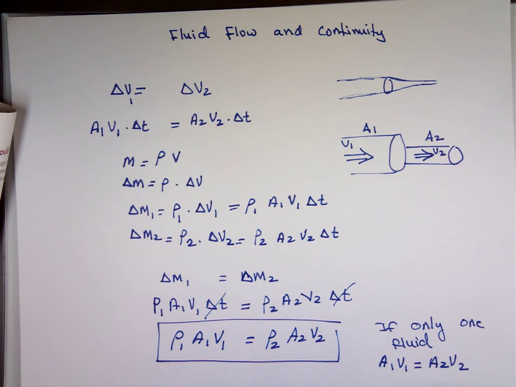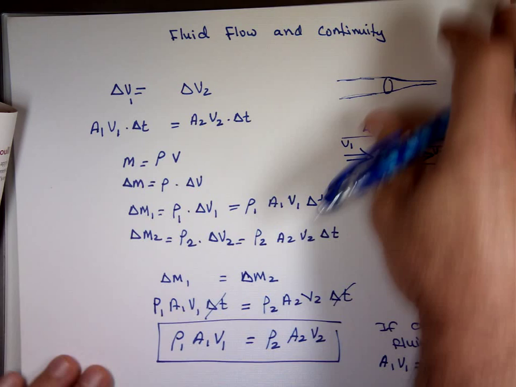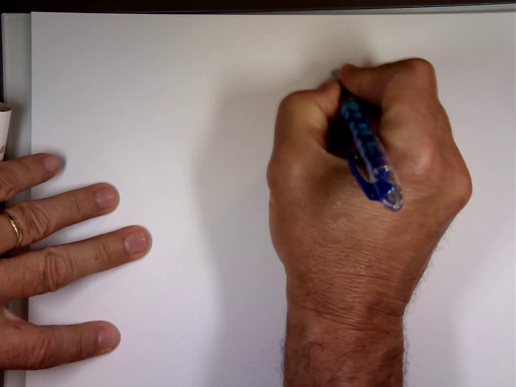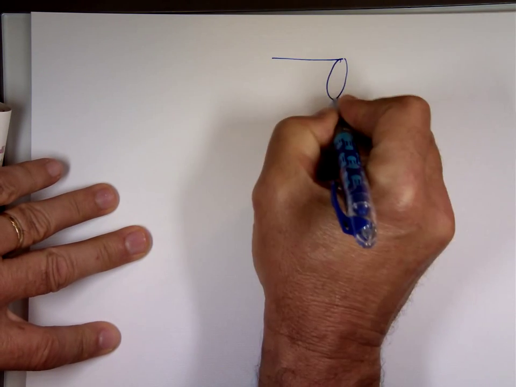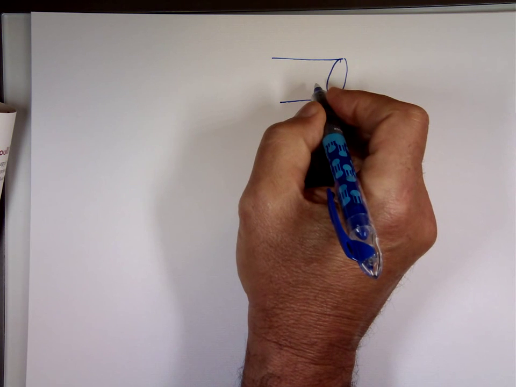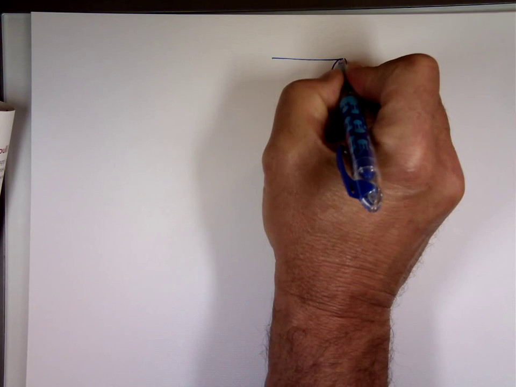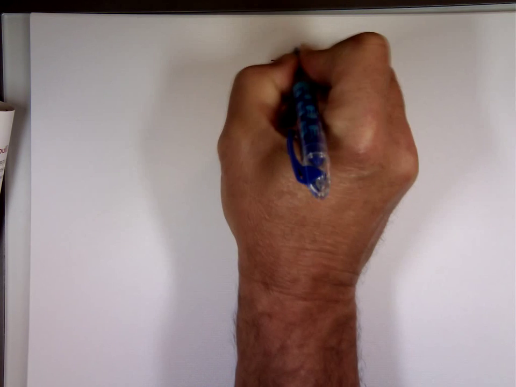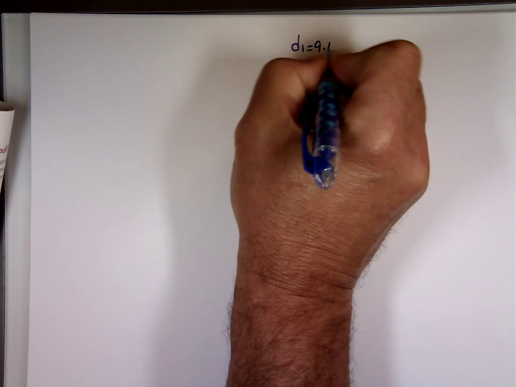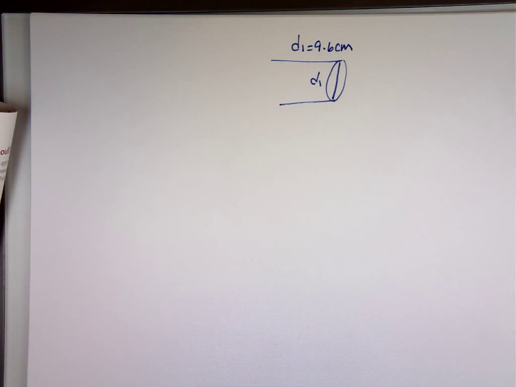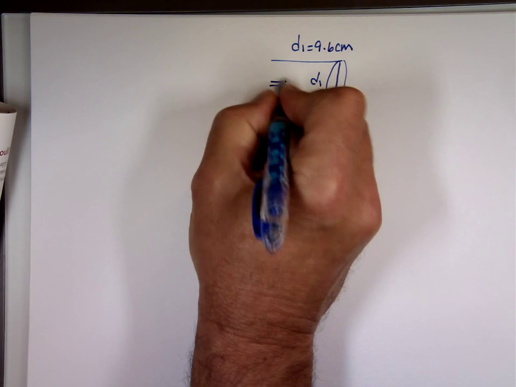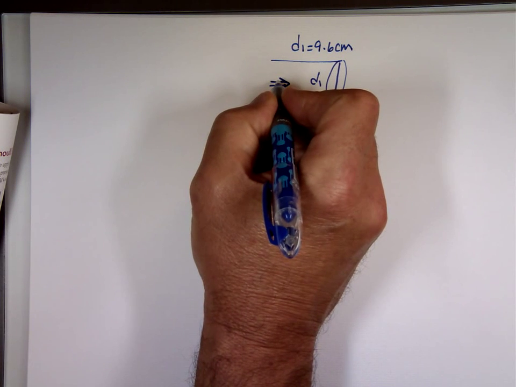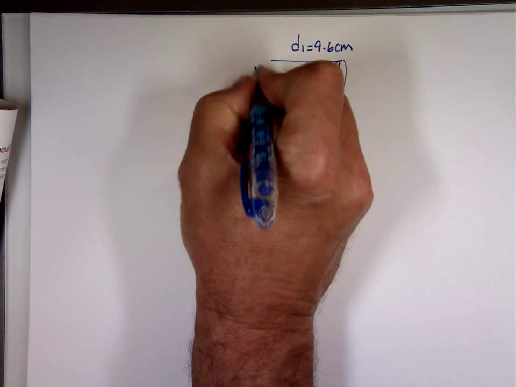So what happens with that water sprayer? Let's see what happens when you want to wash your car. You have a hose which has a diameter of 9.6 centimeters. This is D1. The water is moving at a speed, not that fast inside there, of 1.3 meters per second, velocity 1.